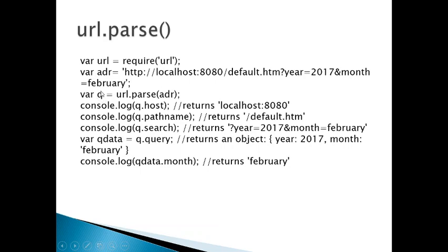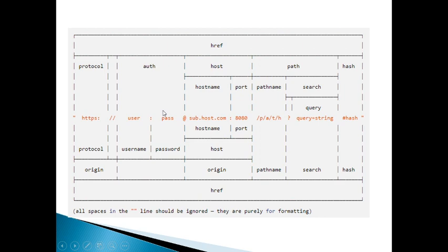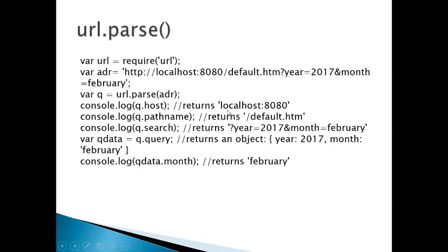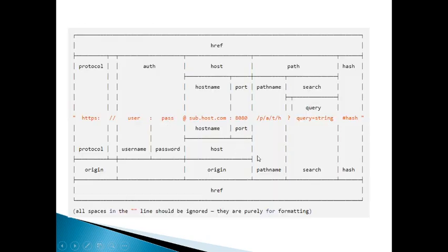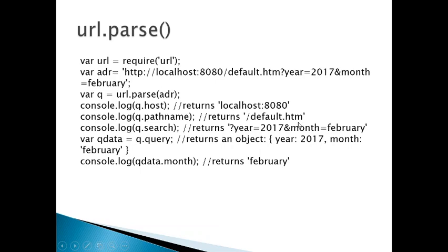Now if I print q.host, it will print the server name plus port, localhost colon the port number. If I print q.pathname, you can see q.pathname contains the actual page with slash. So it will print slash default.html, not the question mark, only what is before the question mark. So this is your pathname. Then I will print q.search. q.search will print from here to here.